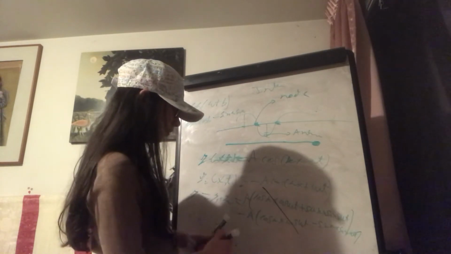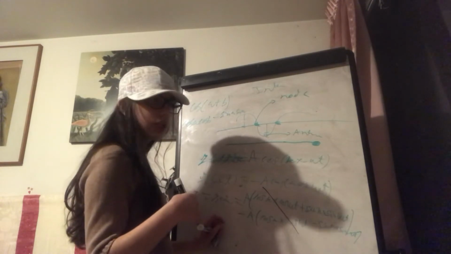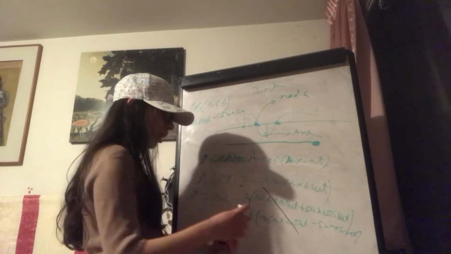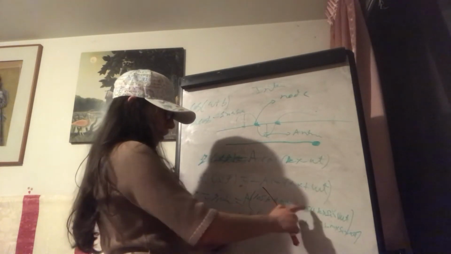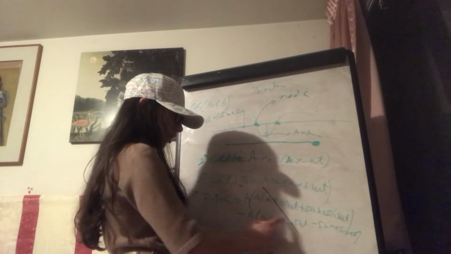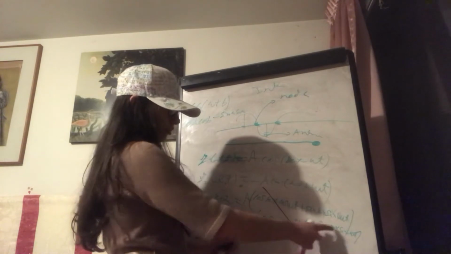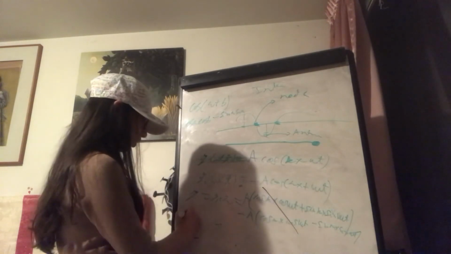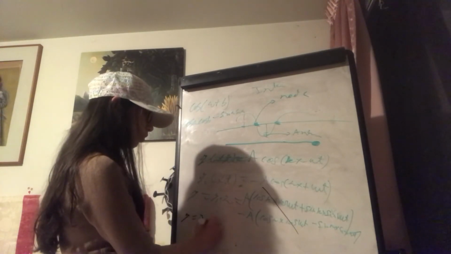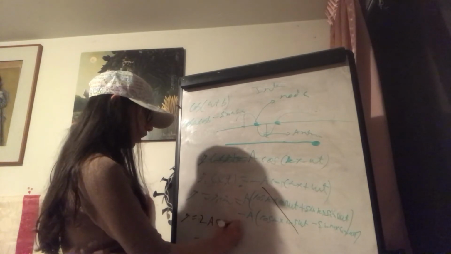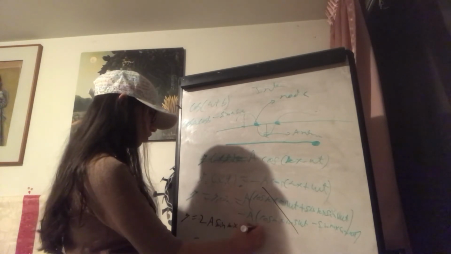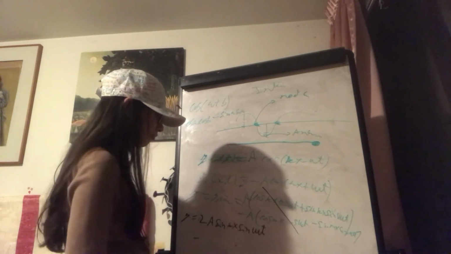Sorry, a moment ago I said subtracting, but I mean I'm adding. And here I have a sine of kx sine of omega t, and this is a minus sine minus this, which is positive, so actually y is equal to 2a sine of kx sine of omega t.